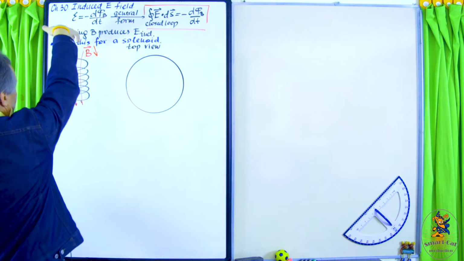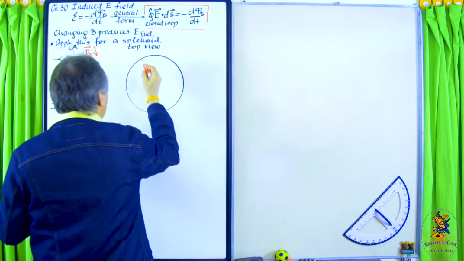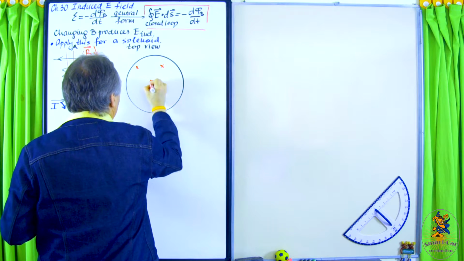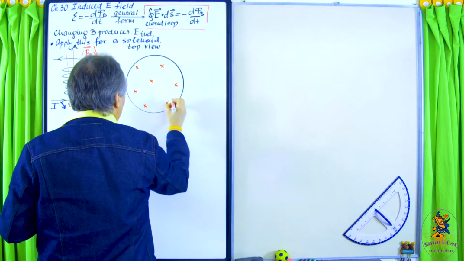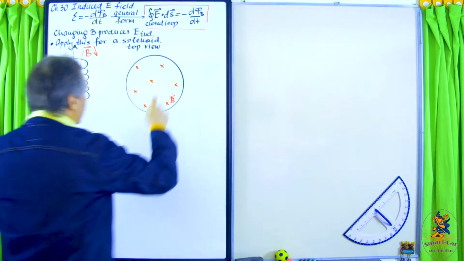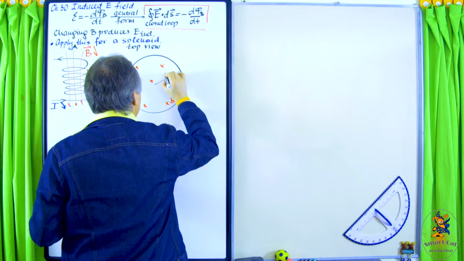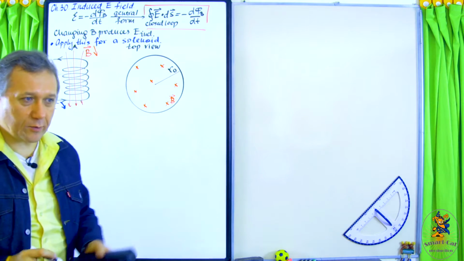Of course, the magnetic field, you see, is inside, I mean down. So over here it will be represented by this symbol. So that's our B. Of course, let's say this is the radius. This is the center of the solenoid. This is R sub zero, the radius of the solenoid.